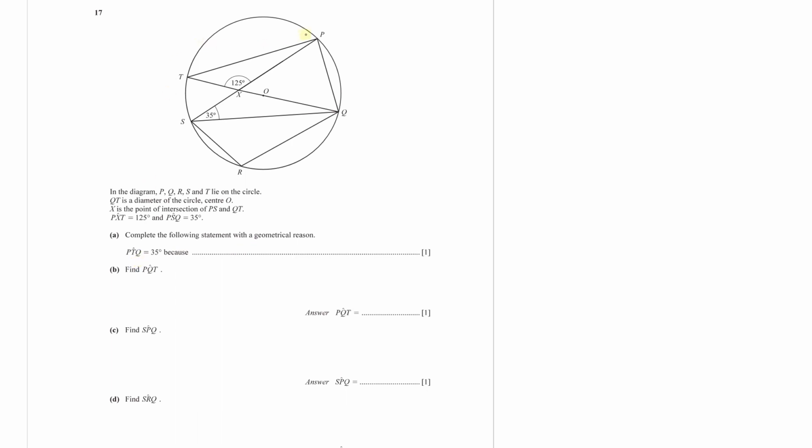Angle PTQ, so this here, equals 35 degrees because, if you look at this angle PTQ, it's in the same segment as this angle PSQ. So they're subtended by this same arc. So we can say that these two angles will be equal because the angles are in the same segment.